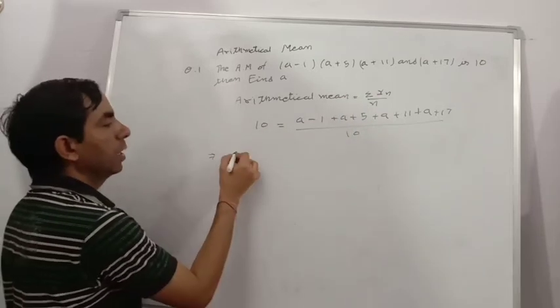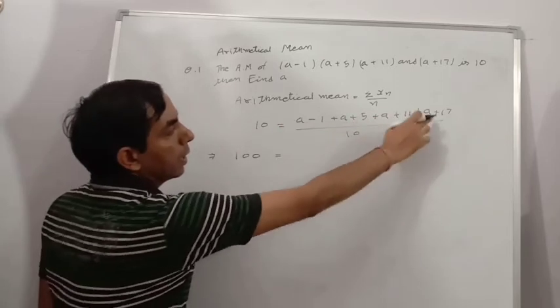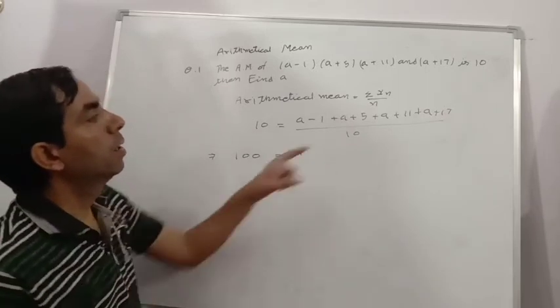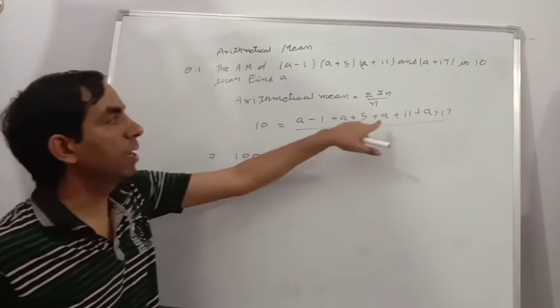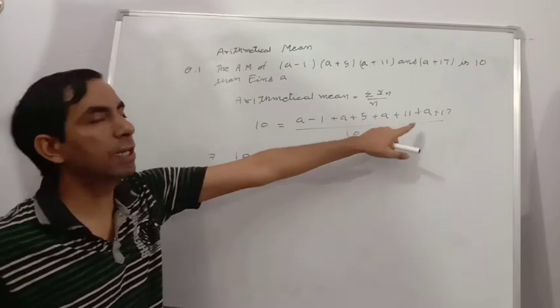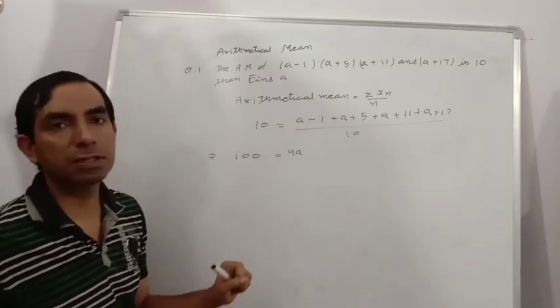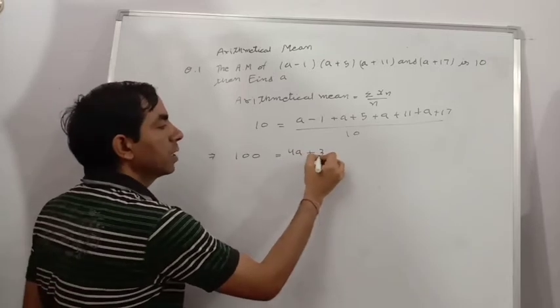So 10 times 10, 100. Here we get 4 times a, so write it as it is. The numbers with positive sign are 17, 11 and 5. 17 and 11 is 28, 28 and 5 is 33. But 1 is subtraction, 33 minus 1 is 32. Then we get plus 32.